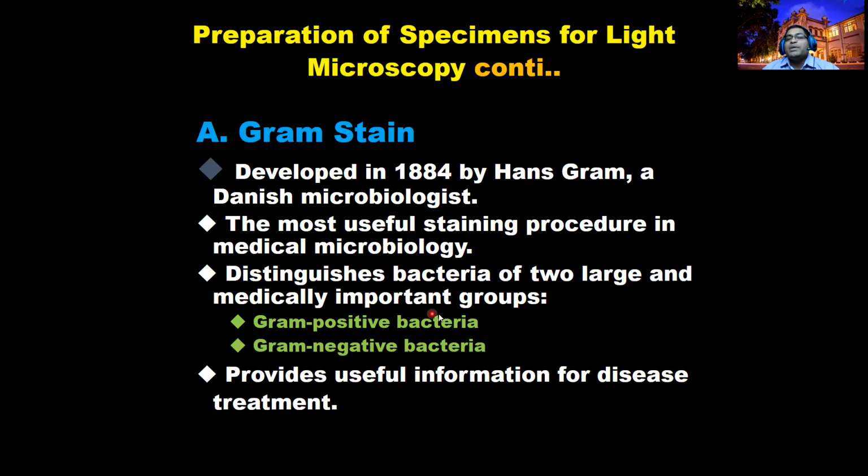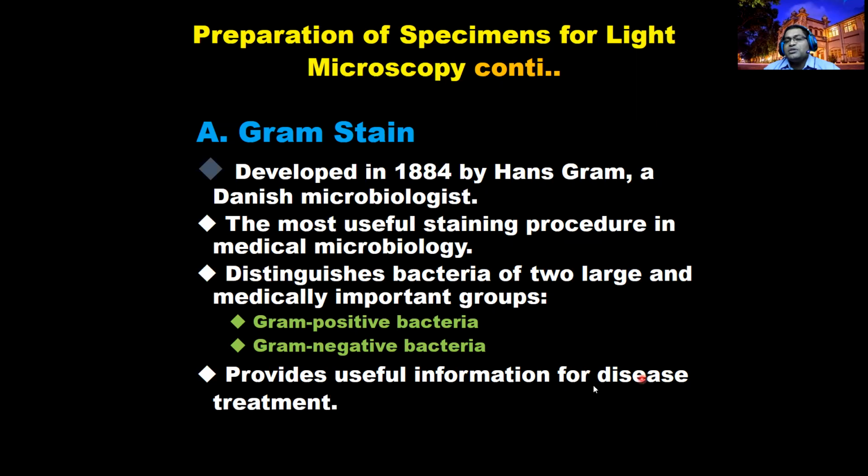It distinguishes bacteria into two large and medically important groups, gram-positive bacteria and gram-negative bacteria. From this invention, you can use any kind of bacteria available on earth, with no need to differentiate medically important bacteria. Any kind of bacteria you can use, gram-positive or gram-negative.